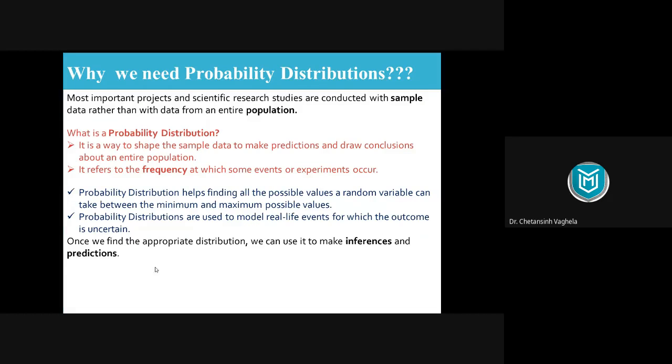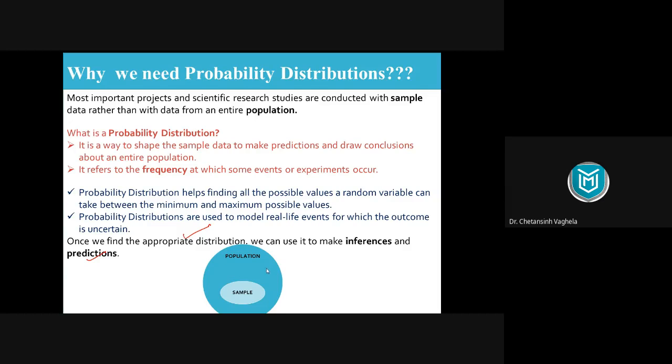So for drawing some conclusion, to give some prediction, we need to be sure about our distribution, about our sample. Your sample में जो nature है वो कौन सा है, और for that we need the probability distribution.